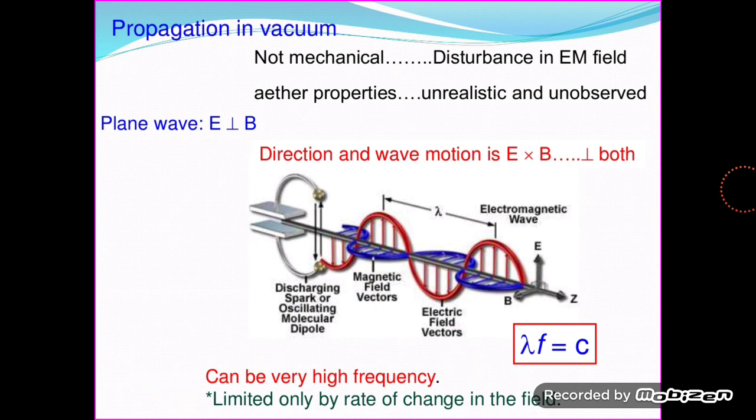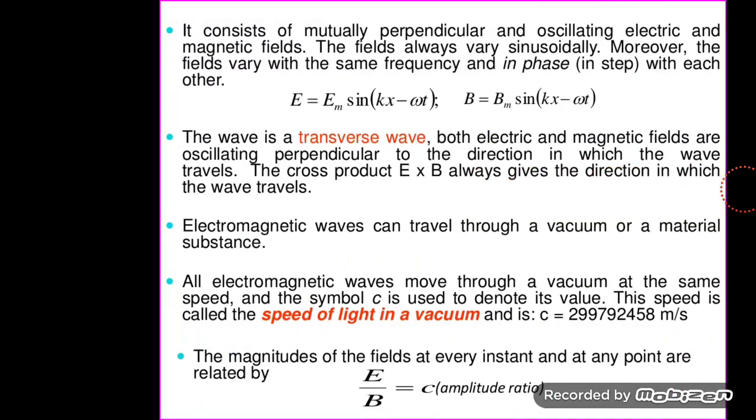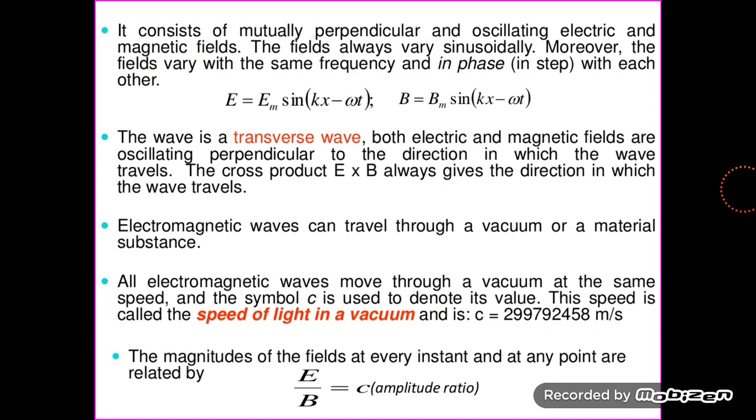A plane wave means the electric field is perpendicular to the magnetic field, which is shown in the figure. It consists of mutually perpendicular and oscillating electric and magnetic fields. The fields always vary sinusoidally. Moreover, the fields vary with the same frequency and in phase with each other.